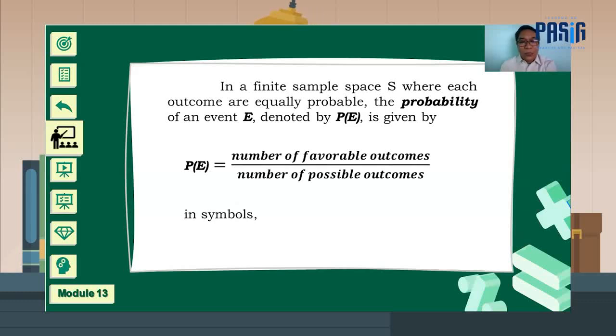In symbols, P(A) equals n(A) divided by n(S). Again, n(A) is the favorable outcomes, then n(S) is the possible outcomes.